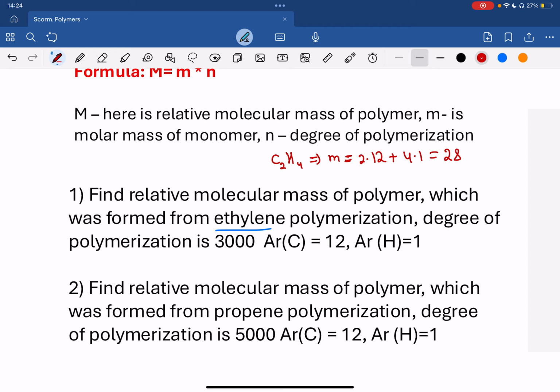And our degree of polymerization is 3000. So imagine the mass of ethylene is 28 and we have 3000 of them. What we should do is multiply 3000 by 28 so we can find capital M.